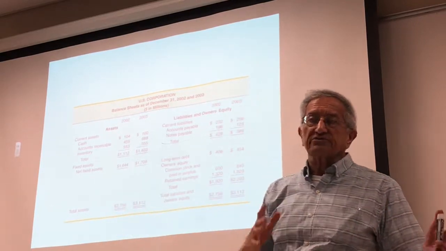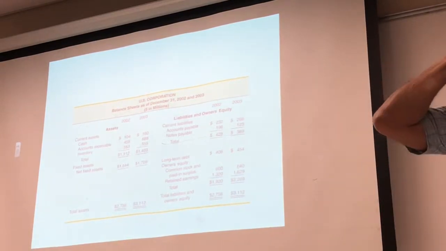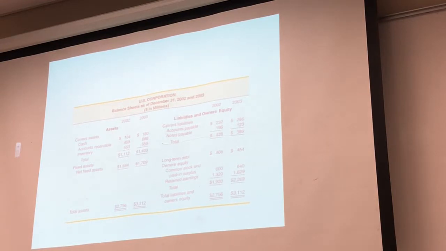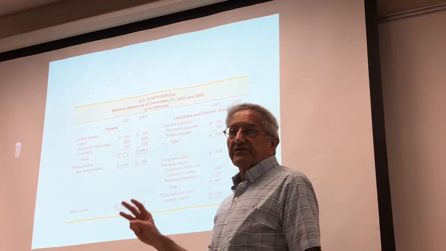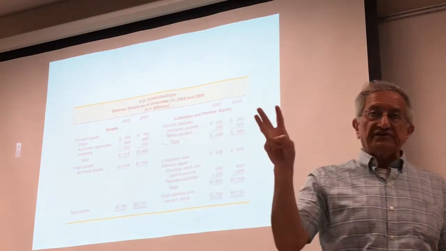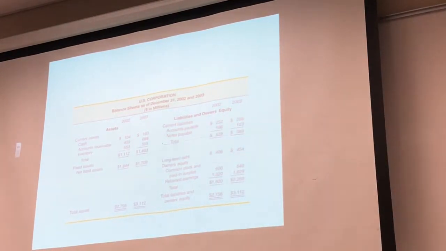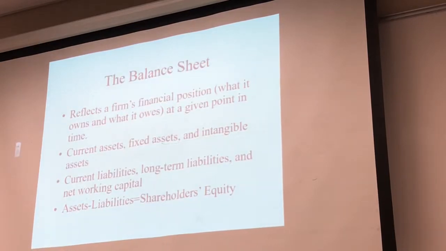Okay, short term, long term, doesn't matter. All right, so this is how you view a balance sheet. Now, let's talk about the left-hand side. There are 3 types of assets, you can say, or 3 types of investments that companies make. Okay, let me go back to the slide.